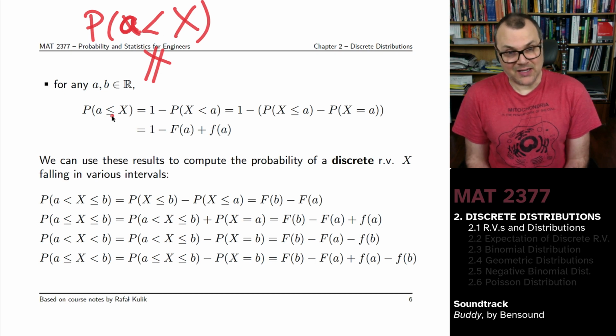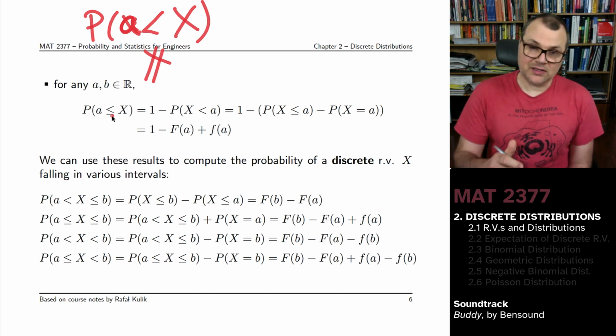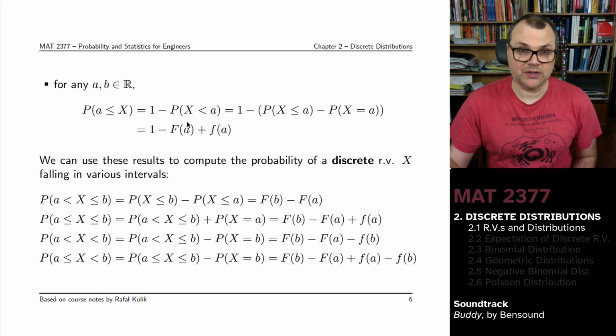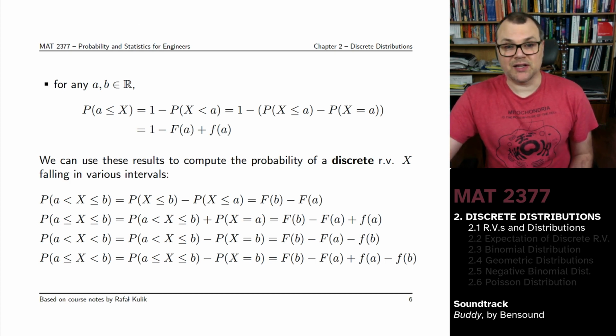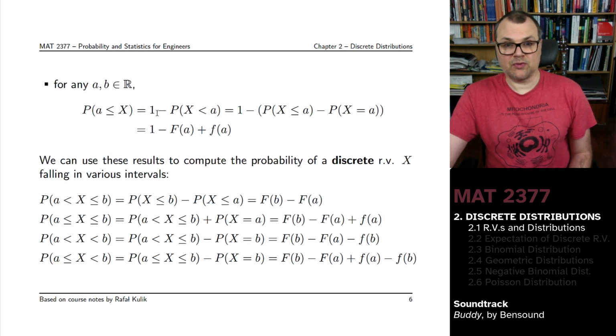And it's not the case when X is strictly smaller than A. That's the probability that you want. This expression, we have an equation for it on the previous slide, except we used B instead of A. That is this expression here, big F at B minus little f at B. So we have 1 minus this expression, 1 minus big F at A plus little f at A, once we distribute the minus sign.